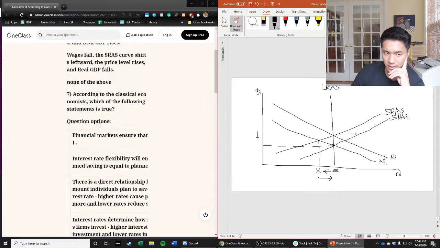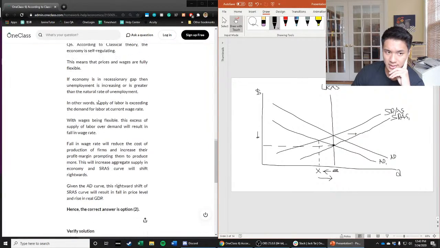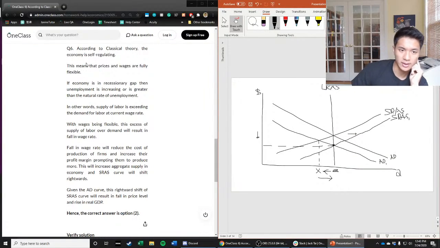Let's take a look at the previous tutor's answer. The previous tutor says that according to classical theory, the economy is self-regulating. This means that prices and wages are fully flexible. If the economy is in a recessionary gap, then unemployment is greater than the natural rate of unemployment. In other words, the supply of labor is exceeding the demand for labor at the current wage rate. With wages being flexible, this excess of supply over demand will result in a fall in the wage rate.